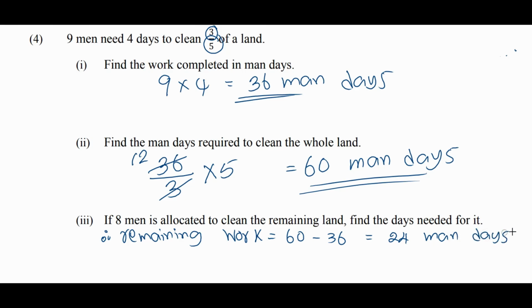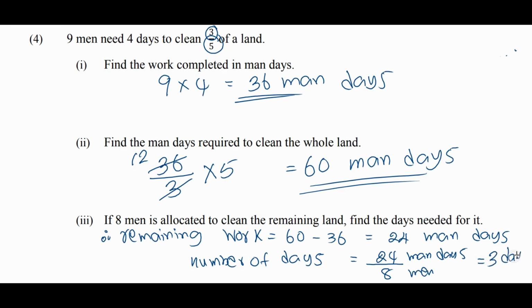For this 24 man days of work, they are allocated 8 men. Therefore, number of days is equal to 24 man days divided by 8 men. Then 24 divided by 8 means 3 days.